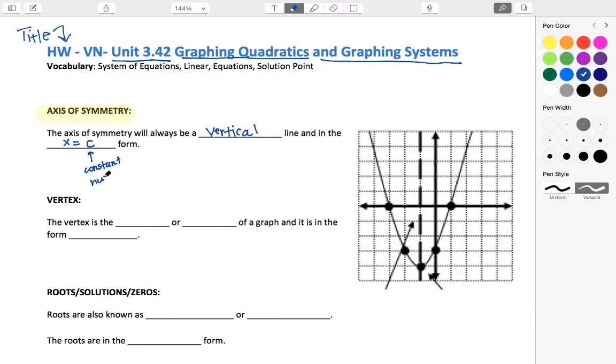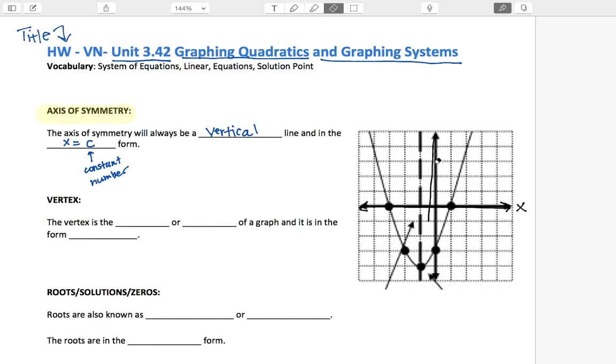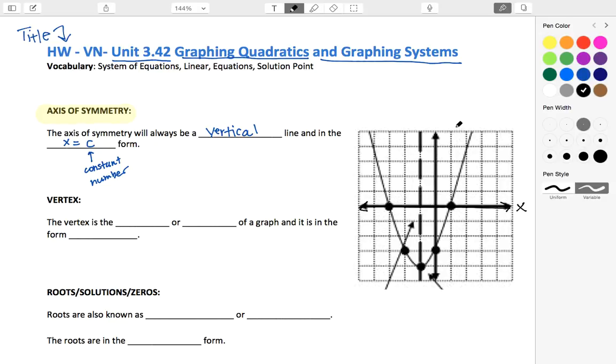Okay, constant number. Now, on the graph, how you will see this, let's just say you drew this graph here. That's x, and this is y.